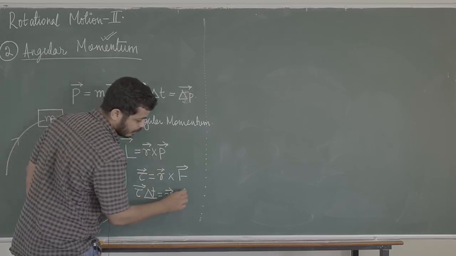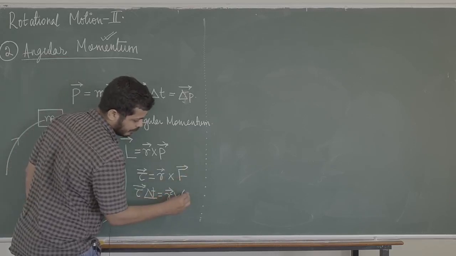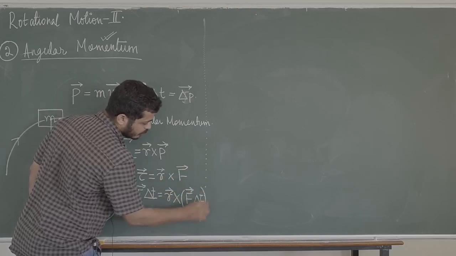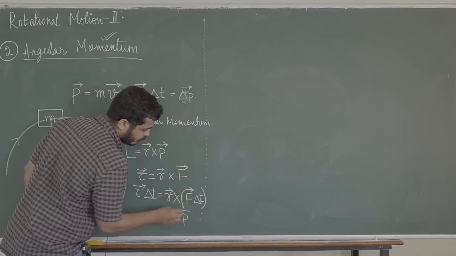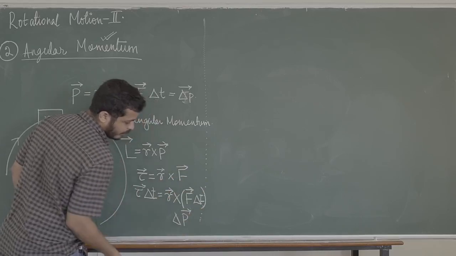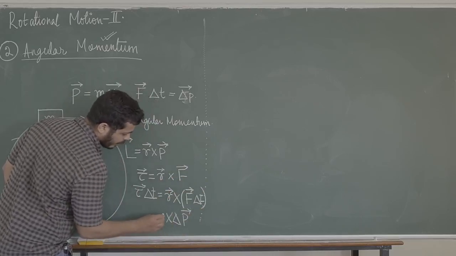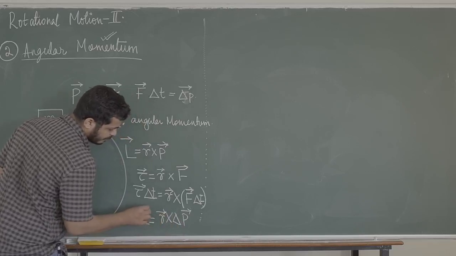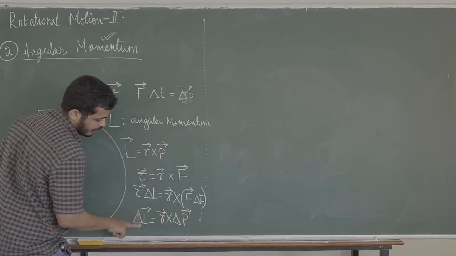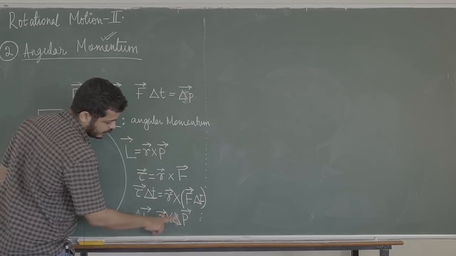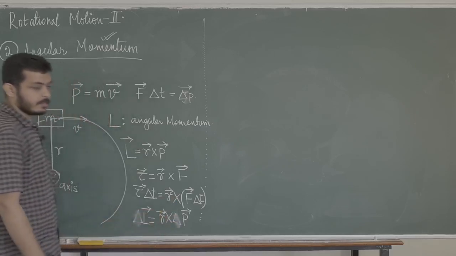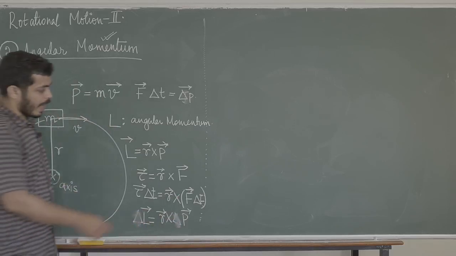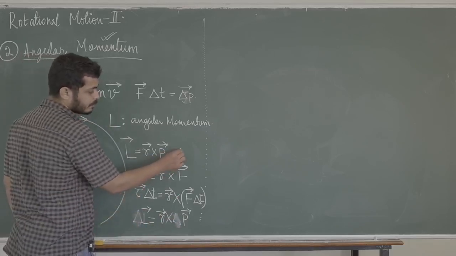But you can multiply the force vector with time. If you multiply force with time, you will get your momentum vector, you will get R vector, and on this side you will get L. So from here you can simply write that L vector is R vector cross P vector. This is why angular momentum is R cross P.